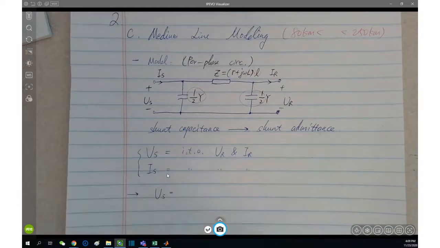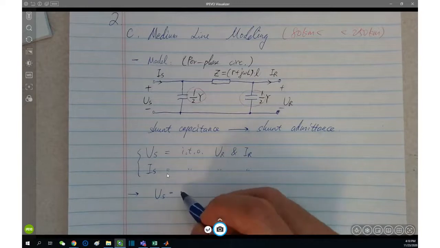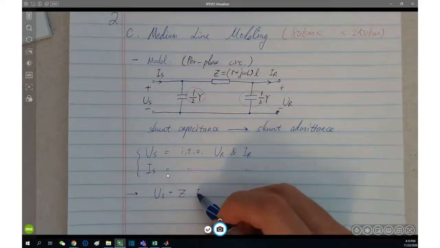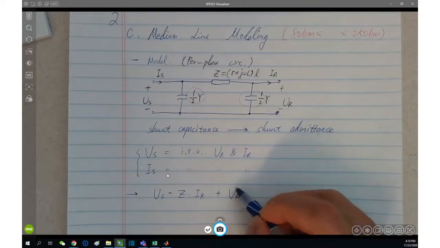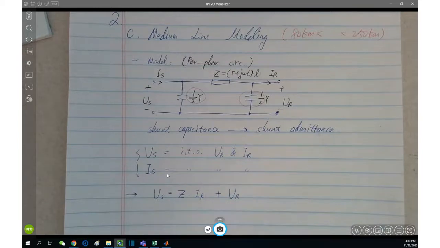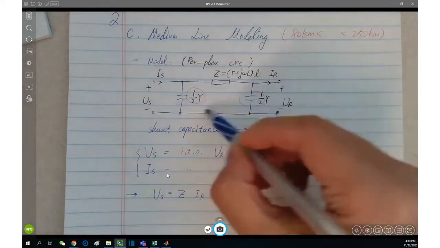First of all, Vs equals what? It equals Z times IR plus VR, right? Due to this KVL inside of this loop.